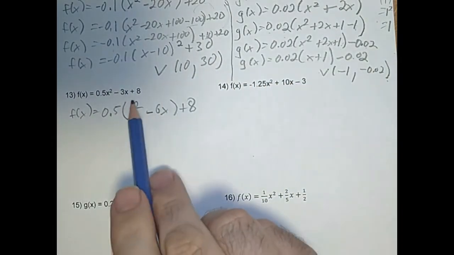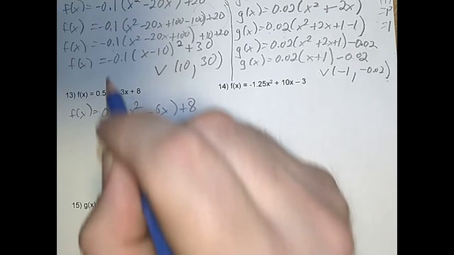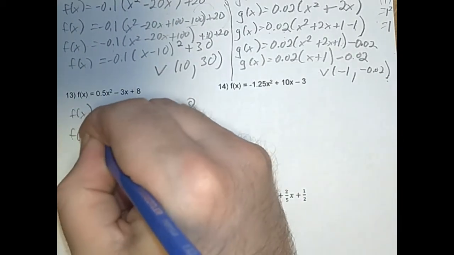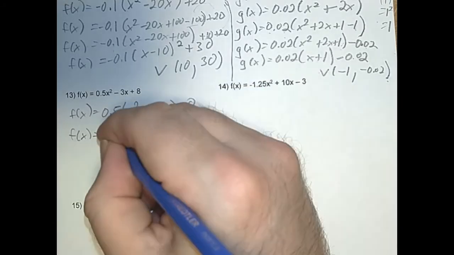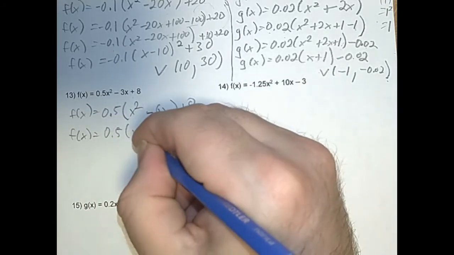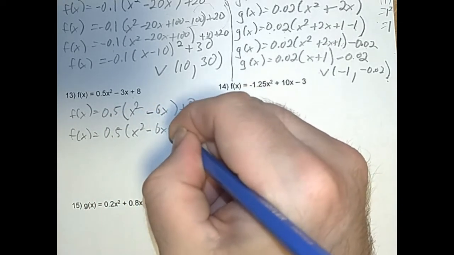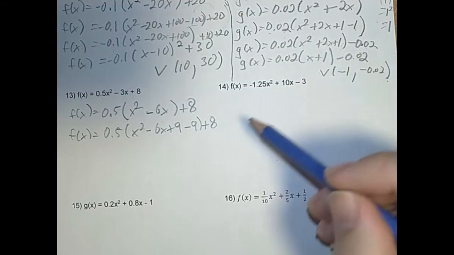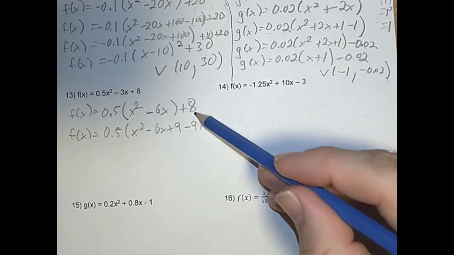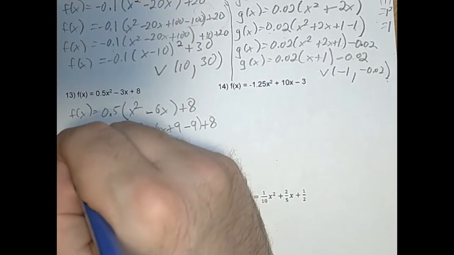You take that number divided by the decimal, you get that. And then for f of x, you take half of that, which is 3, and square it, which is 9. So plus minus 9. I'm going to do these a little bit faster. Plus 8. You always take the negative 1 out. Always the negative 1 out.